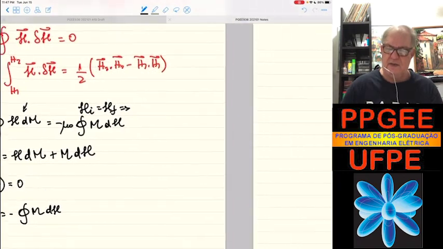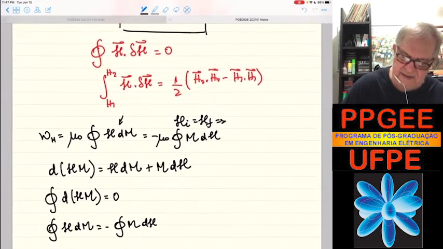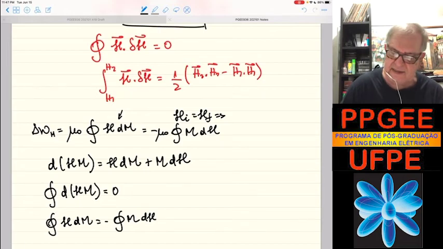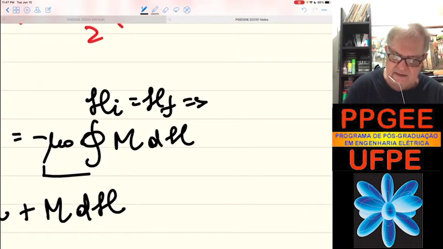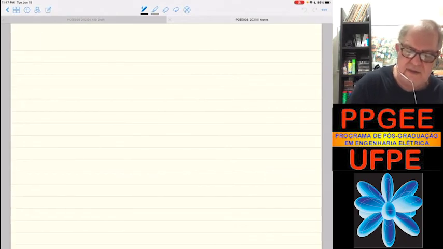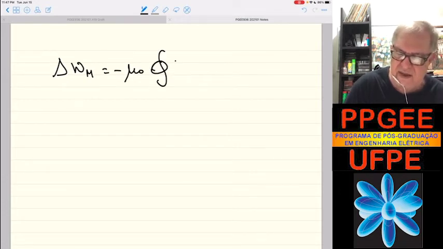So the energy, in fact, is not Wm, it's delta Wm. The energy density change in the whole cycle is given by this. So the energy density change equals minus mu 0 closed integral of m dh.